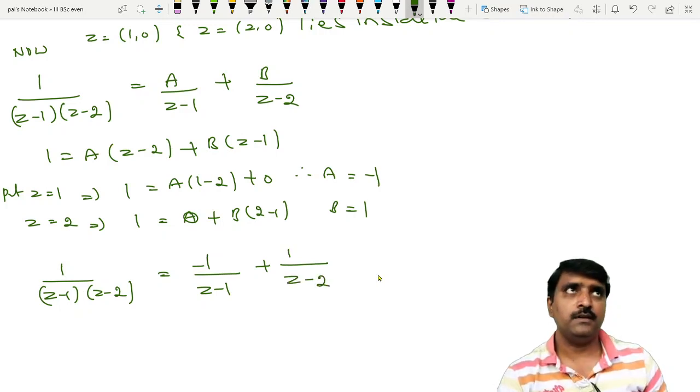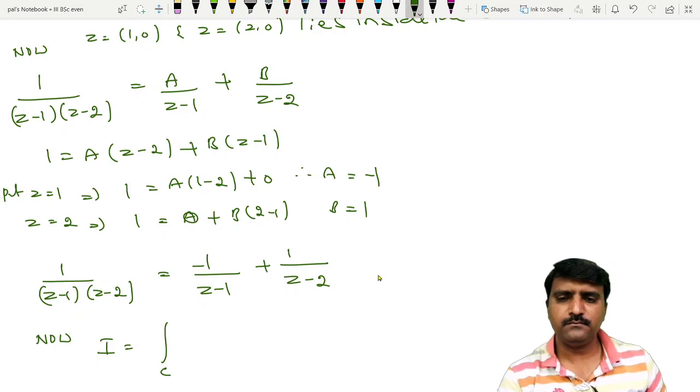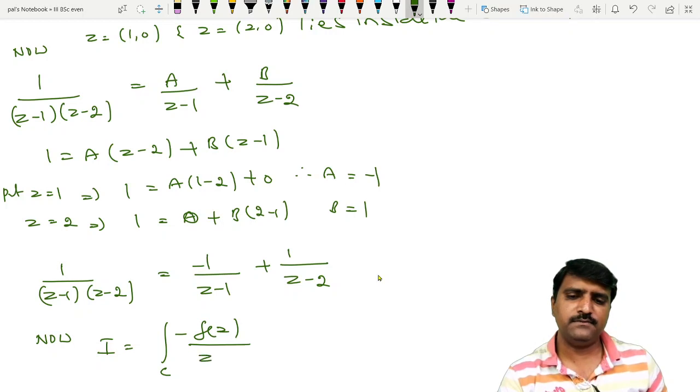So now I can be written as I is equal to integration over C of minus f of z by z minus 1 dz plus integration of f of z by z minus 2 dz.